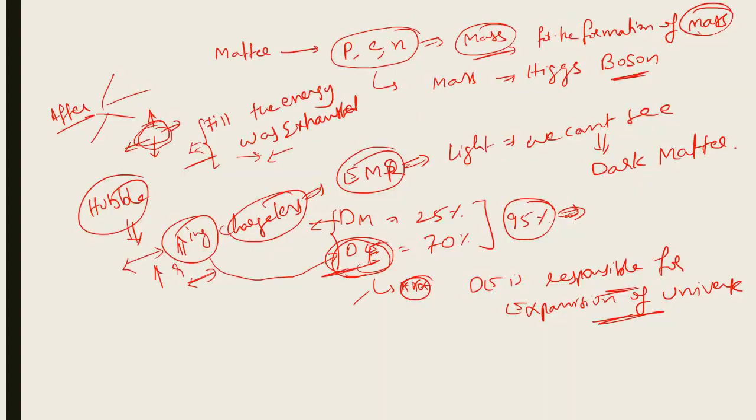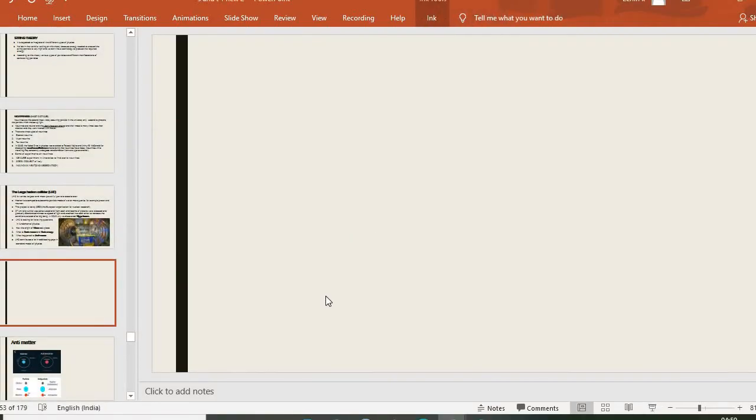Okay, so we'll see next something about antimatter. During the Big Bang, the proportion of matter and antimatter was almost the same.